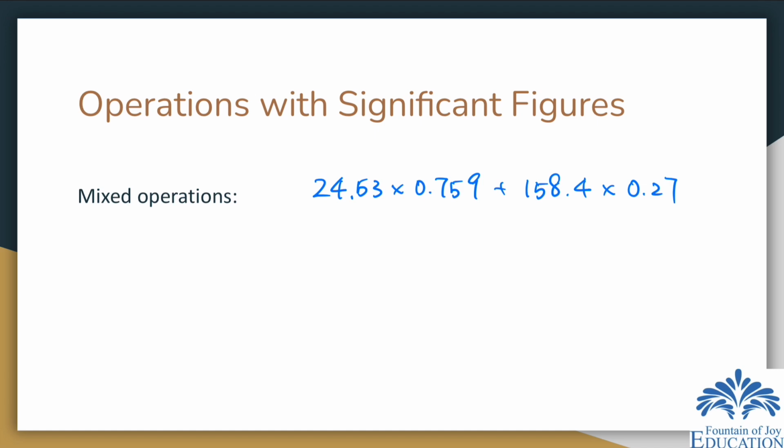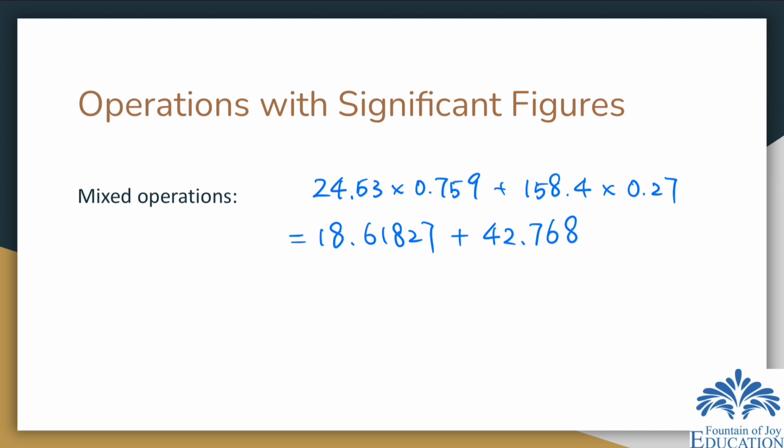In the first multiplication, we get the answer 18.61827. In the second multiplication, we get 42.768.